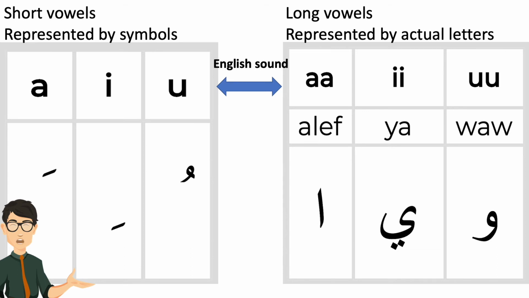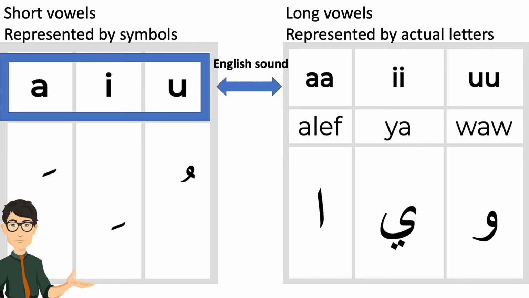It is worth noting that there are 6 vowels in Arabic. 3 are short, which are represented in symbols above or below the letters, and 3 are long vowels. And those long vowels are represented in actual letters that have the exact same sound as the symbols, but are pronounced a little bit more and a little longer.